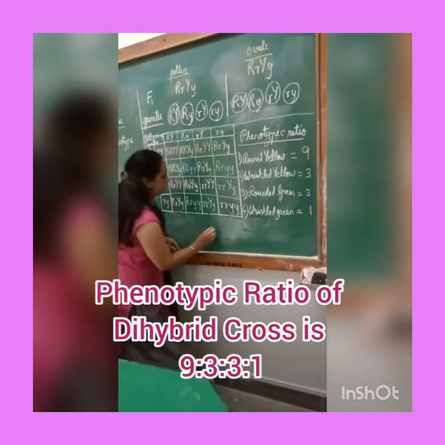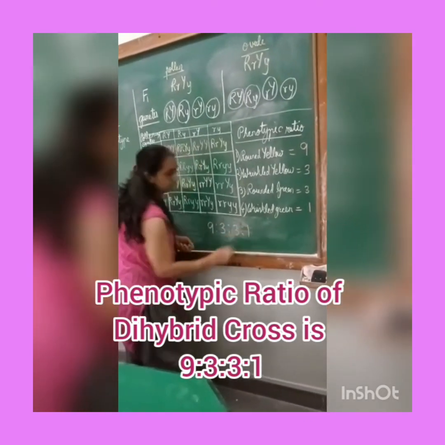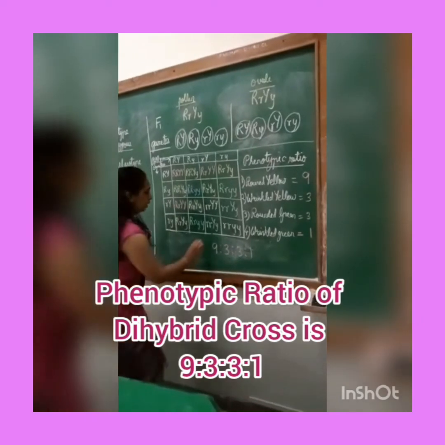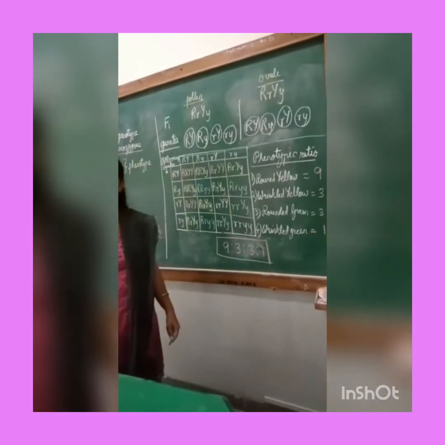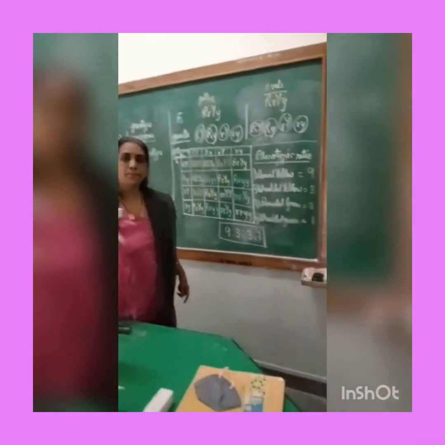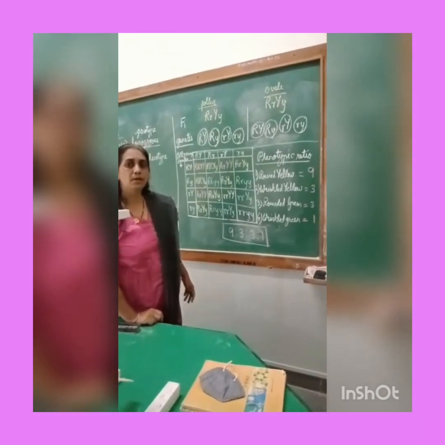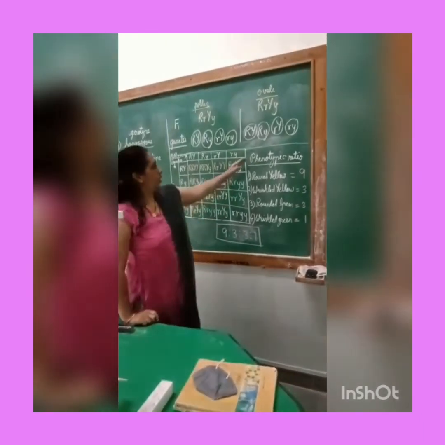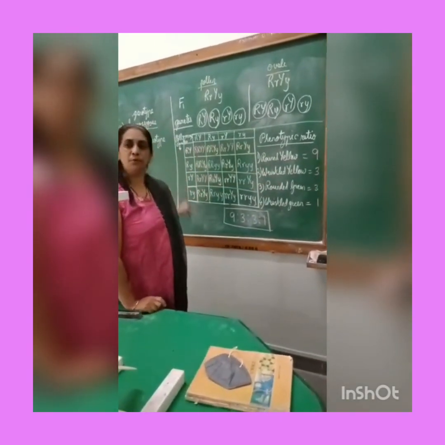So what is the phenotypic ratio of dihybrid cross? The phenotypic ratio of dihybrid cross is always 9:3:3:1. Understood? So all the different combinations you have to write here, and you have to check in the Punnett square.